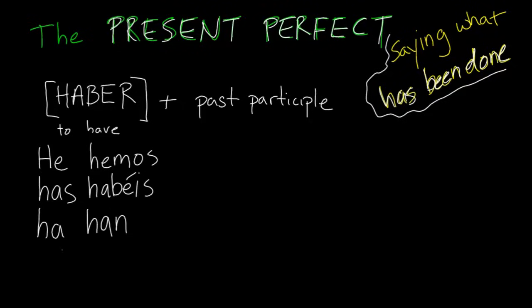And let's not forget that in Spanish, the H is silent. So if we were to go through and pronounce these, it would be has, a, hemos, habéis, han. So that H we don't hear.